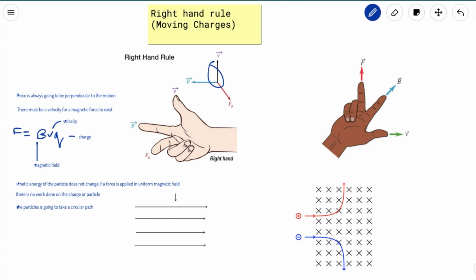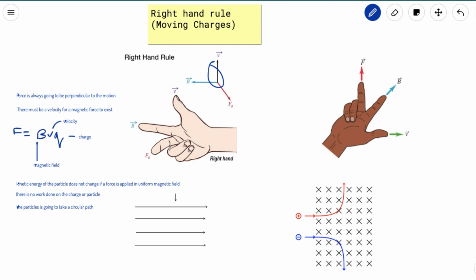So the right-hand rule goes like this: your thumb is going to point in the direction of motion of the particle or charge. Then, as if you were pointing a gun almost, your other two fingers are going to be the direction of the magnetic field and the direction of the magnetic force.